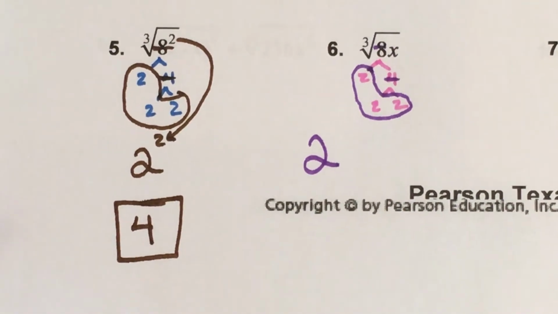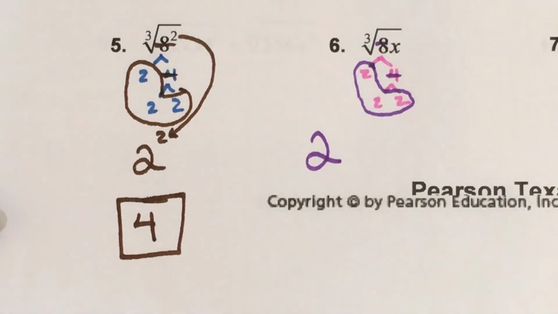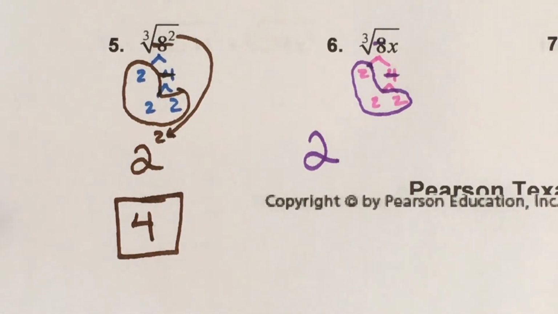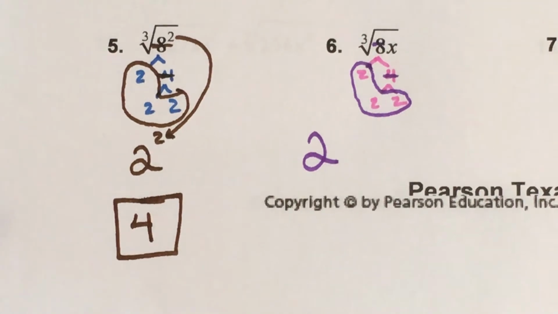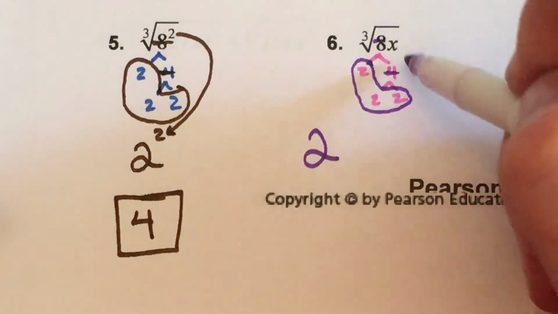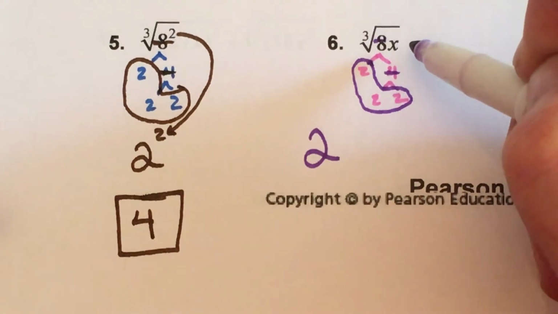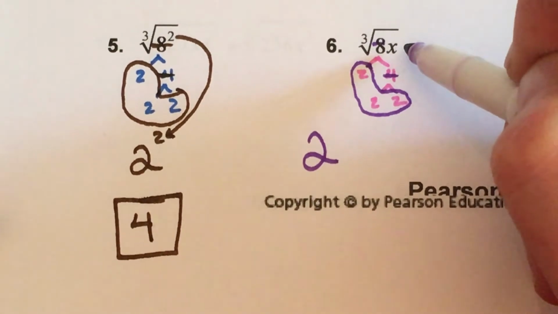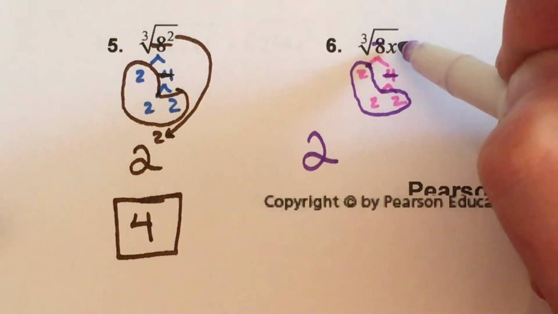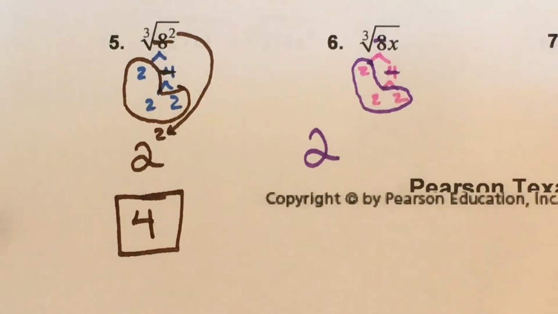Now, do I have another exponent to work with? No, not for the 2. But what about the x? Did I have 3 x's to mess with? No. So this x has to go into an exponential form.